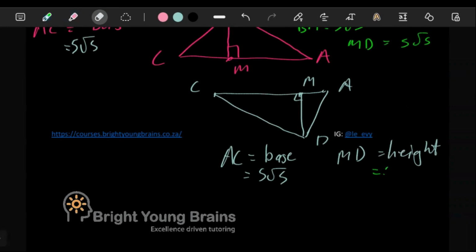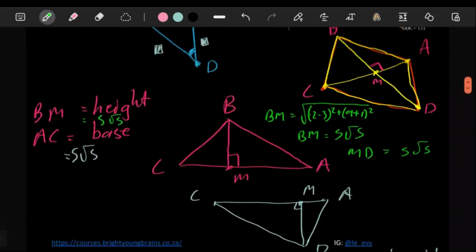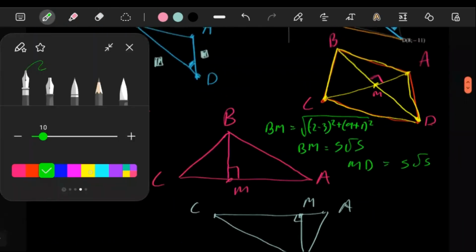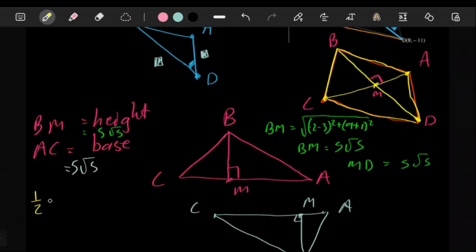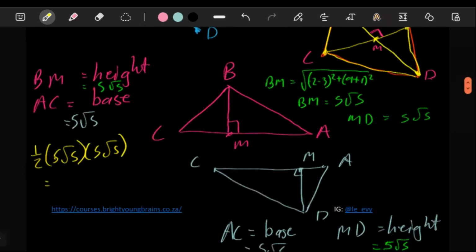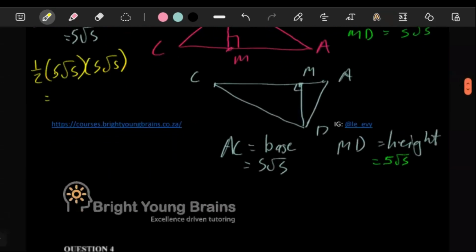So this is just 5 square root of 5. I feel like this question is taking too long, but we're almost done. Half base times height, what does this give us? And then also down here, it's going to be half base times height.